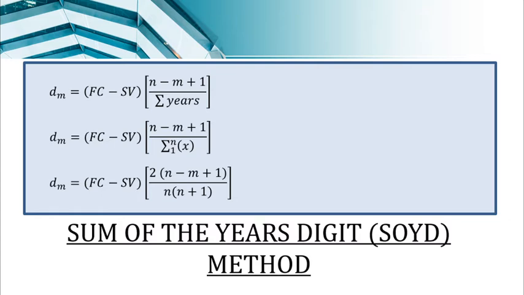Now, paano naman yung formula kapag gusto nating malaman ay yung total depreciation o yung accumulated depreciation? We have FC minus SV multiplied by summation of x from n minus m plus 1 up to n over summation of x from 1 to n. Again, this formula ay kapag may summation function ang inyong calculator. Paano kapag wala? Meron ba tayong magagamit ng formula?